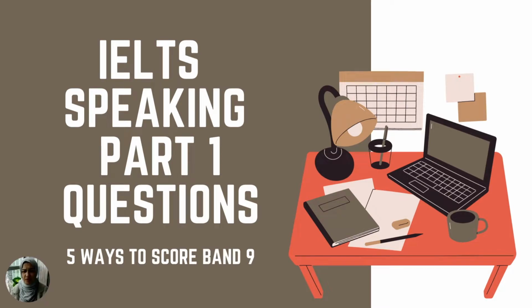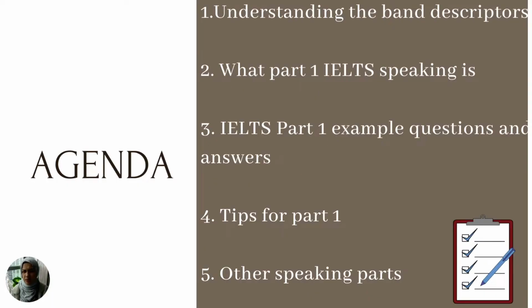In today's video, we will be discussing the IELTS Speaking Part 1 questions and 5 ways you can score a Band 9 for the IELTS Speaking Part 1 section. If you'd like to learn more about this, then continue watching as I will explain the importance of understanding the band descriptors for IELTS Speaking Part 1 and what type of questions you will see in the IELTS Speaking Part 1 question.